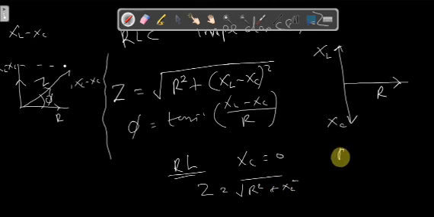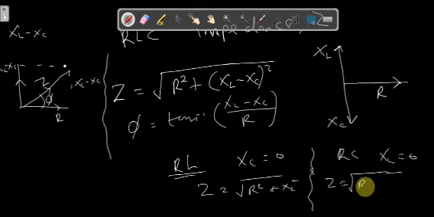For an RC circuit, you know that XL is going to be equal to 0. So Z will be equal to the square root of R squared plus XC squared. Okay.